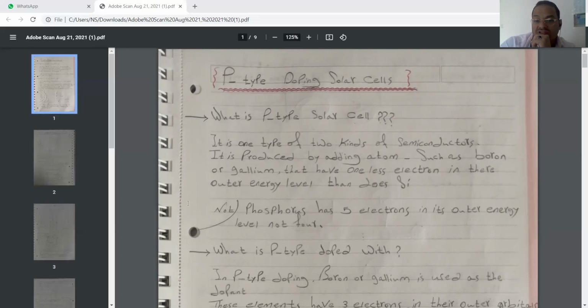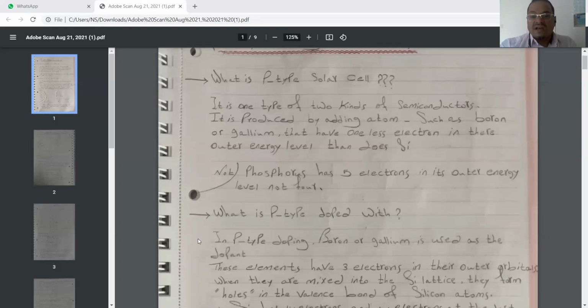Like we know, phosphorus has 5 electrons at the last shell, not like boron or gallium. And because of this feature, we will use this element with n-doping. I will explain that at the next lecture.